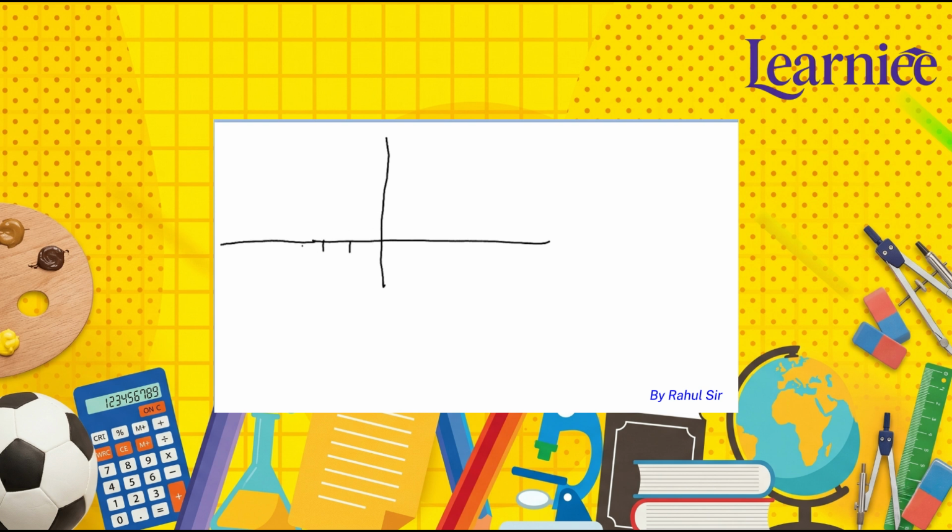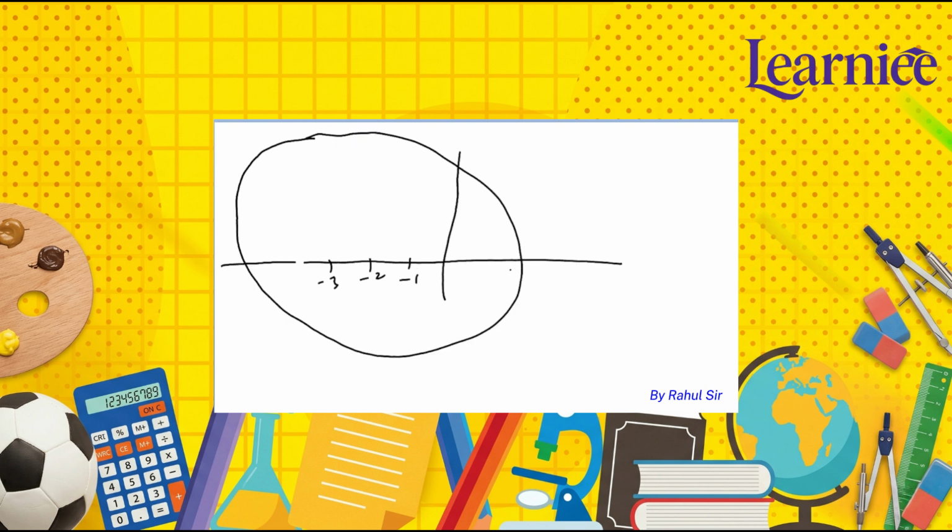Minus 3 here and 1 here, so minus 3 comma 1 is the center and the radius is 4.